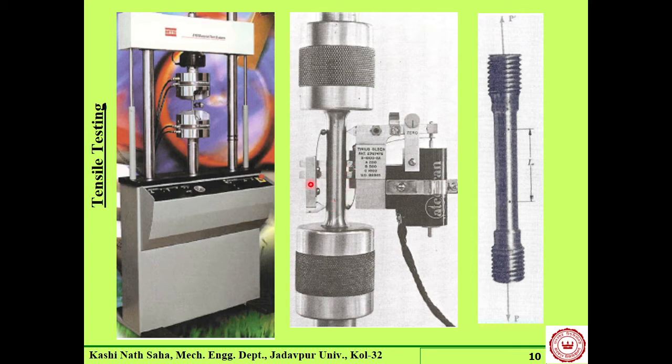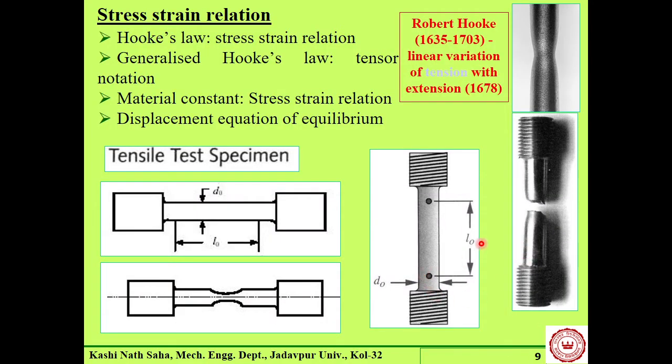And of course, we need to measure the change in diameter, because this particular specimen has a specified gauge length as well as a specified diameter, and during deformation this diameter changes. This is appreciable because this is known as necking, when necking starts, and ultimately it will fracture after necking starts. So this change in diameter, the measure of this d value, d0 value, is also important.